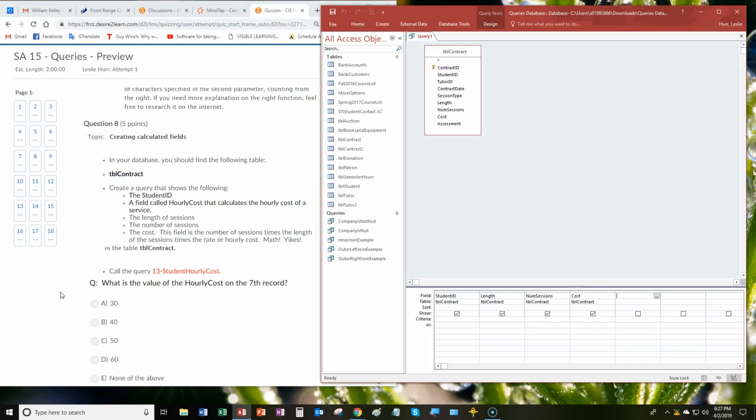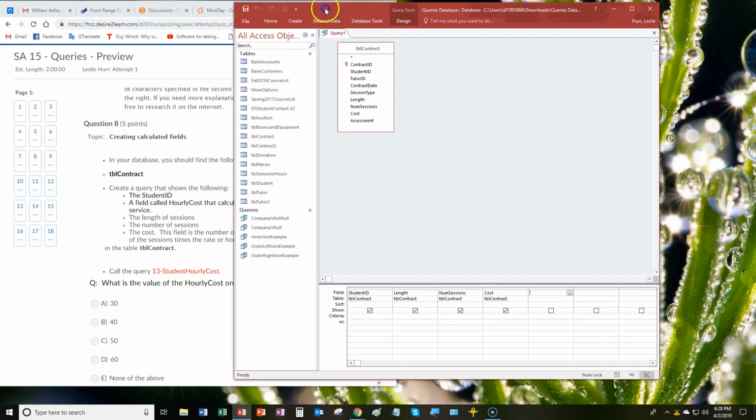So referring back to the description of the exercise, here it says a field called hourly cost that calculates the hourly cost of a service. Okay, so we've got to figure out hourly cost. How do we do that?